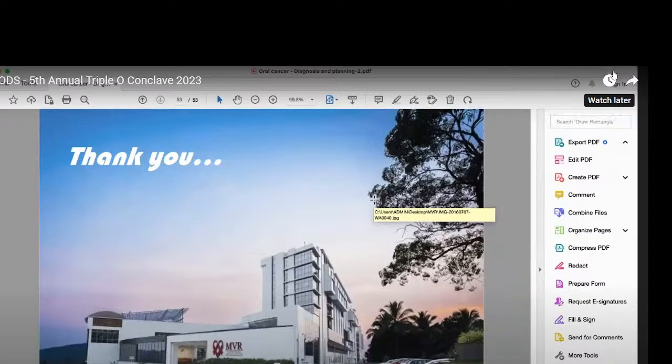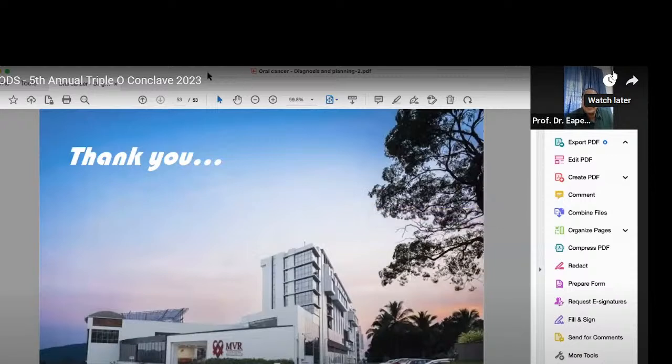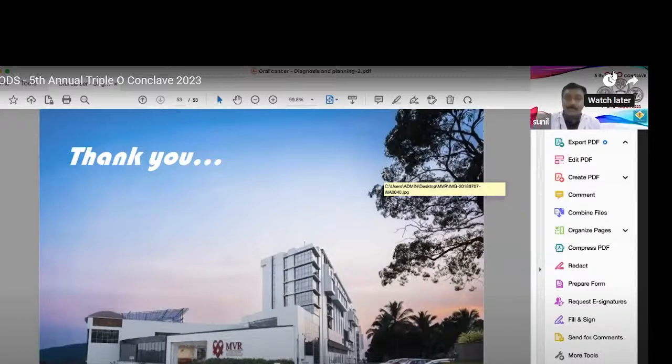If there's no more doubts, shall we conclude the session? Dr. Sunil, you want to comment something? Any queries, any questions to Dr. Sudesh? Yes, Dr. Sudesh, this was a wonderful presentation from you. I think all participants have benefited with this. So with no more questions, shall we wind up this session? Over to you, Megha.